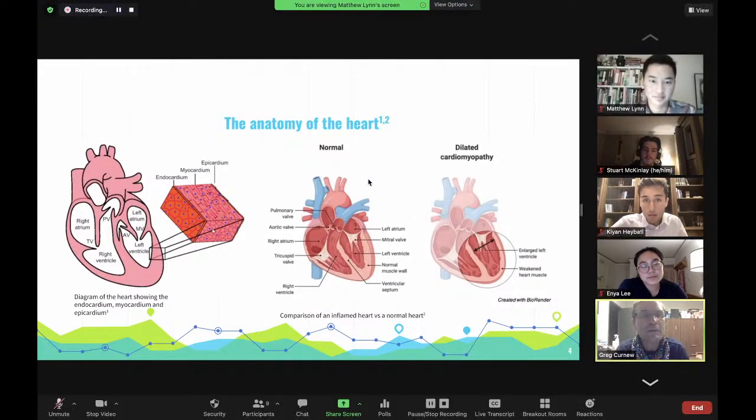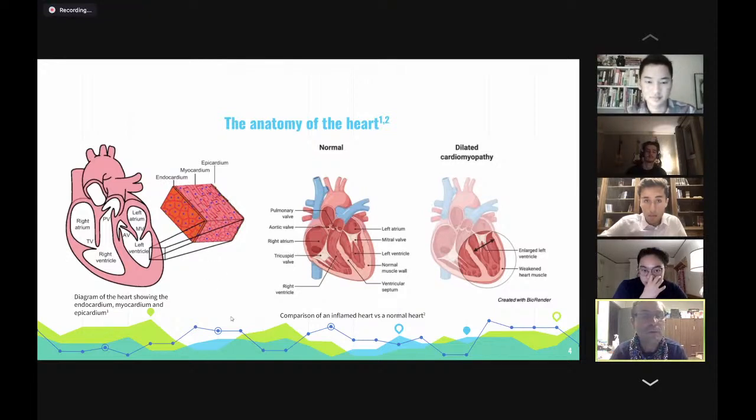Then we have one layer of thickness called the endocardium, in that darker red, where we see protection in the vessels, and the epicardium is the layer furthest away from the heart. So we have this thick muscle layer called the myocardium, the outside layer called the epicardium, and the inside part of the heart called the endothelial level.